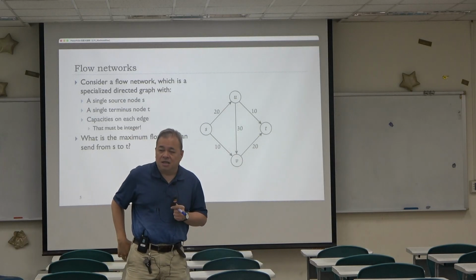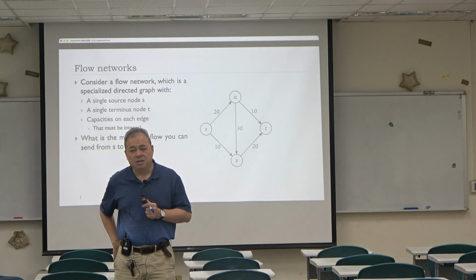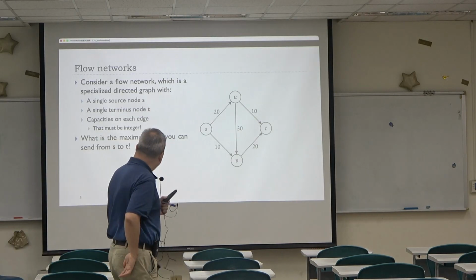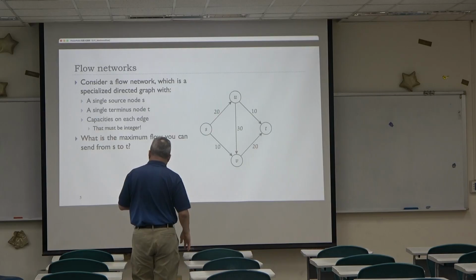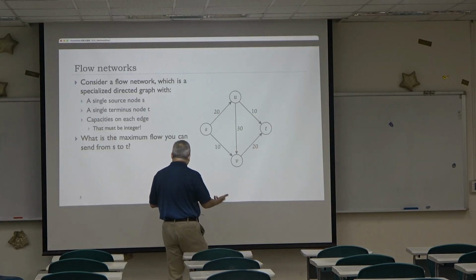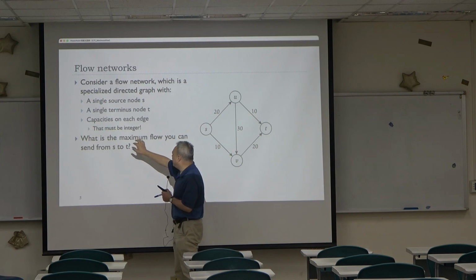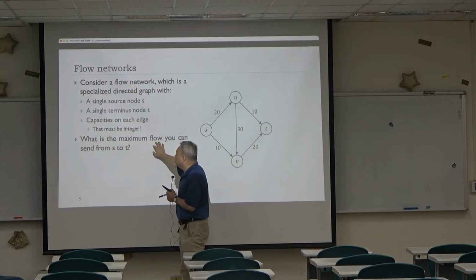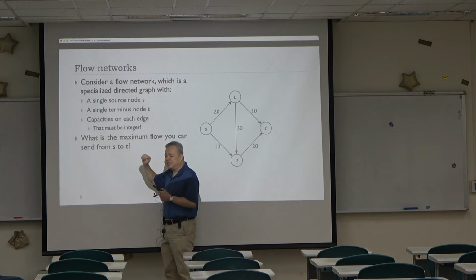A lot of things have a similar flow network nature. So given a flow network, what we care the most about is the maximum flow you could push from the source to the terminal.